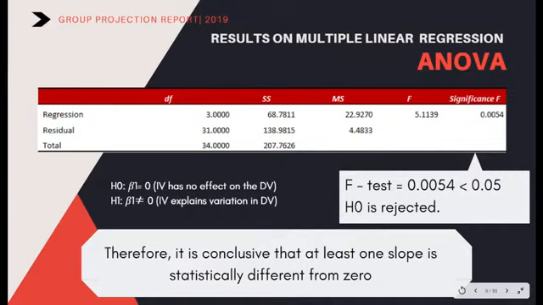From the results, we can see that the F-test is equal to 0.0054, which is less than 0.05. So, the H0 is rejected. Therefore, it is conclusive that at least one slope is statistically different from 0.